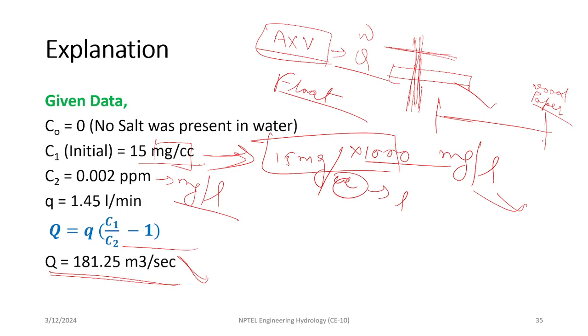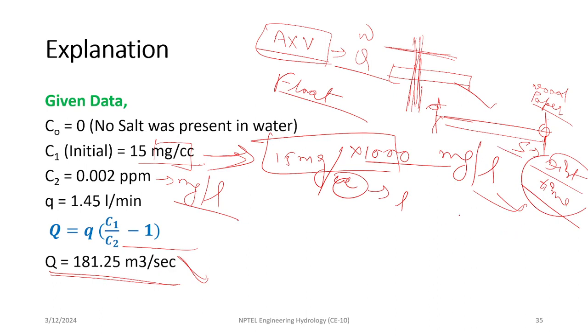What you have to do is first predefine the length, so you have a known distance, and then measure the time the wood takes to reach from one point to another. Divide the distance by the time, and you will have a rough idea of the river flow. So this is the float method.